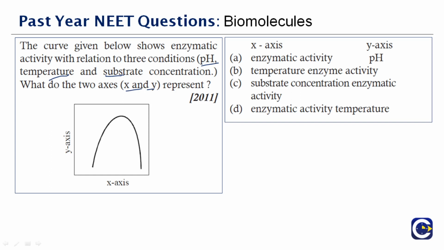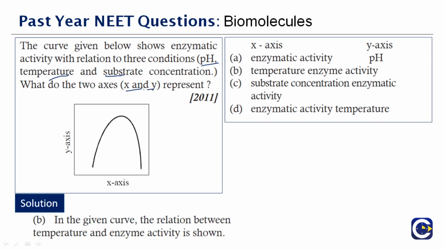But here if you see, the correct answer to this question is option B. Okay, temperature enzyme activity. See, in the diagram given below, the relation between temperature and enzyme activity is shown. Therefore, the correct answer is option B, temperature enzyme activity. pH, if you see, they already would have carried out the experiment in some pH and they will plot the values.